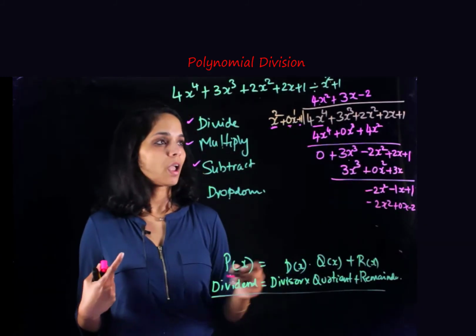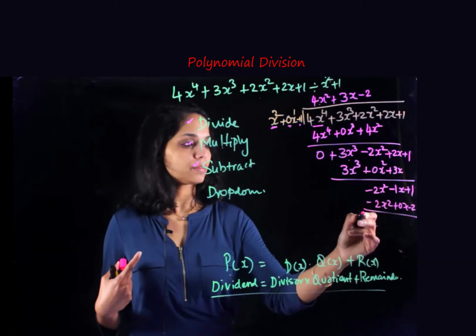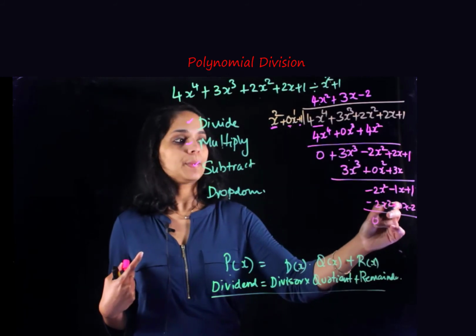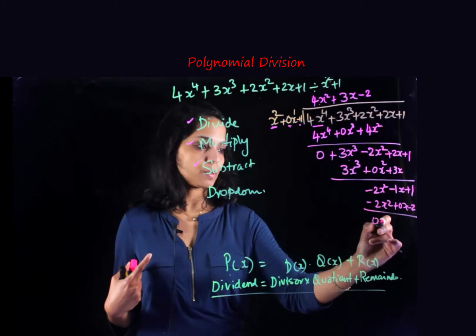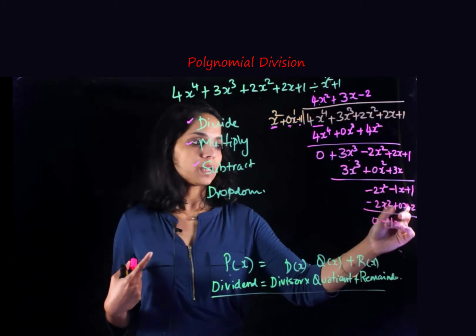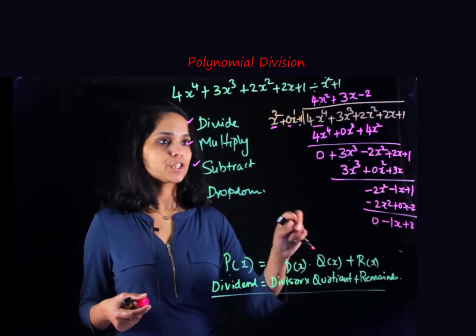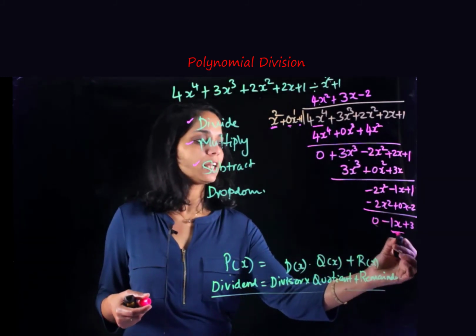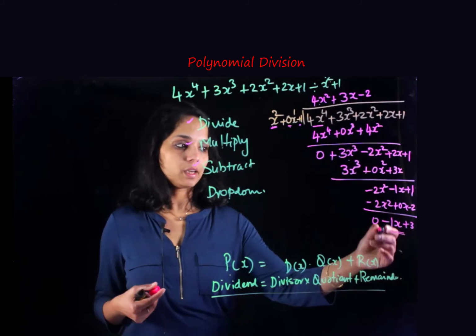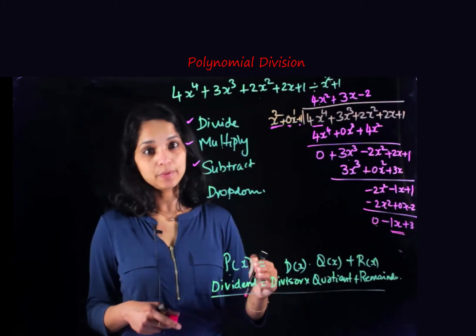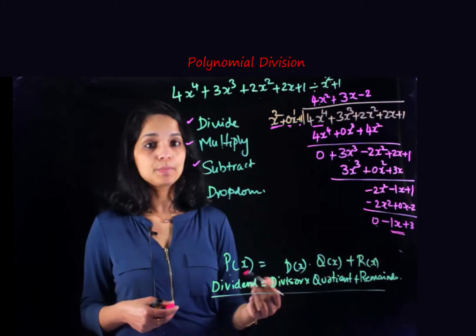Okay, and subtract. 0, minus 1x minus 0 is minus 1x, 1 minus minus 2 is 3. Now we should stop here because the degree of the remainder is less than the degree of the divisor. So we can't divide it anymore for this particular one.